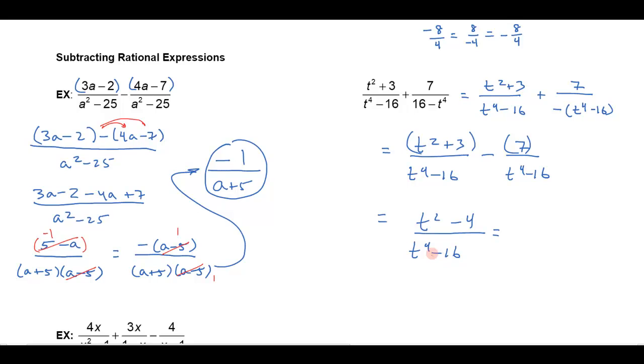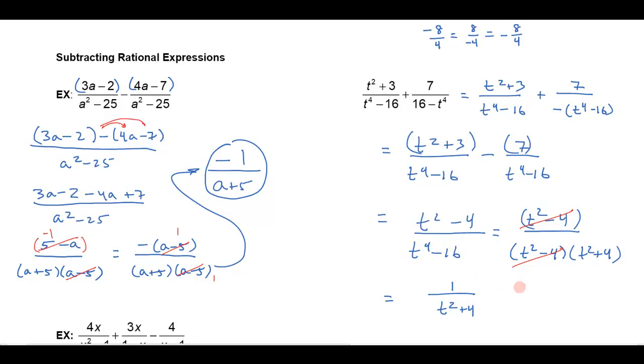I see I have a difference of squares here. I could also factor this as t plus 2 and t minus 2, but actually I can just leave it as t squared minus 4, because this is going to factor as t squared minus 4 times t squared plus 4, and then you can see that the whole t squared minus 4 is going to cancel, leaving me 1 in its place, and so I'll get 1 over t squared plus 4.